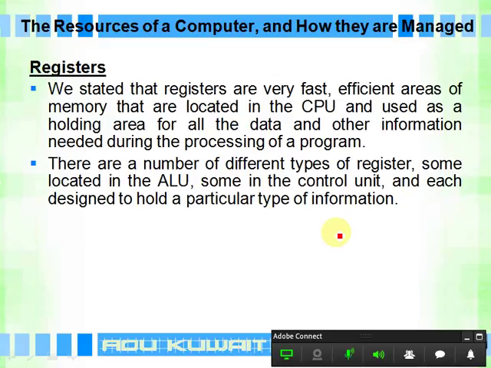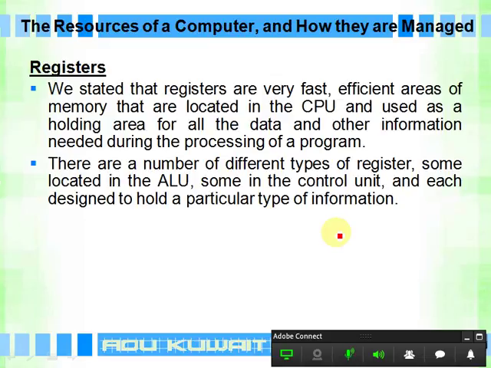Main memory is outside the CPU, and registers are faster than RAM, and also more expensive. If you get 1 GB of RAM for 100 riyal, then for registers you have to pay 1000 riyal. They are costly because they are very fast in processing and give the data very fast.